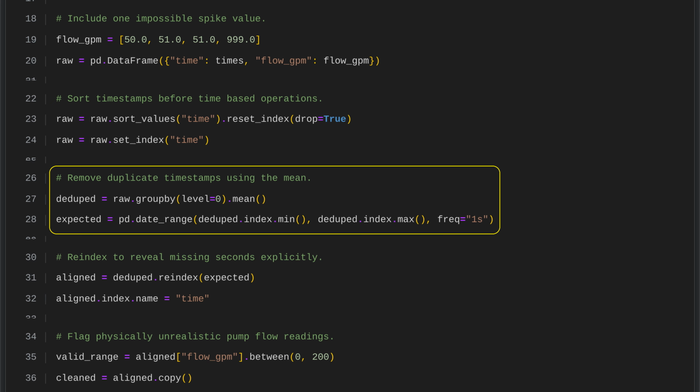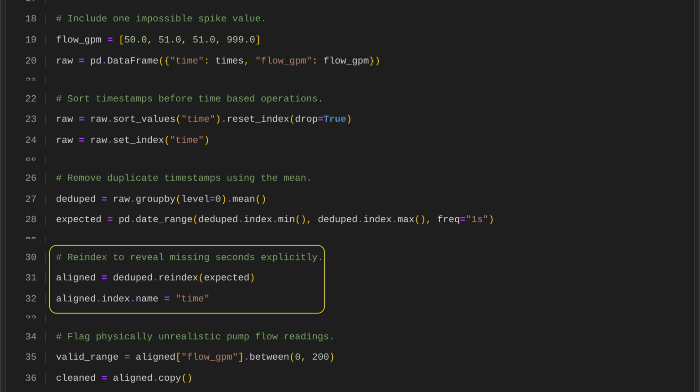The data is first grouped by timestamp, so any duplicate times can be combined by averaging their flow values. This creates a cleaned dataset with one entry per timestamp. Then, a complete 1-second timestamp sequence is generated from the earliest to the latest time, making it possible to detect any missing timestamps.